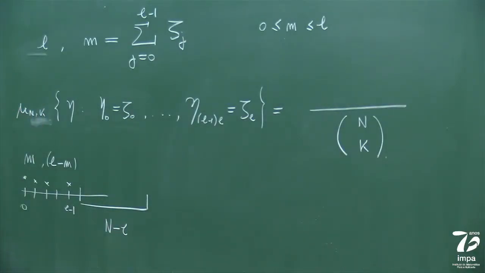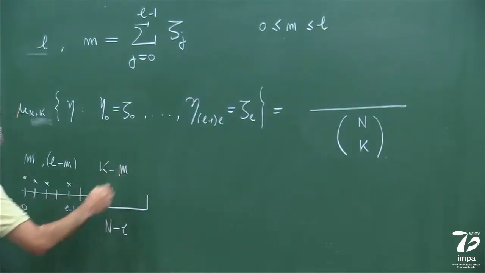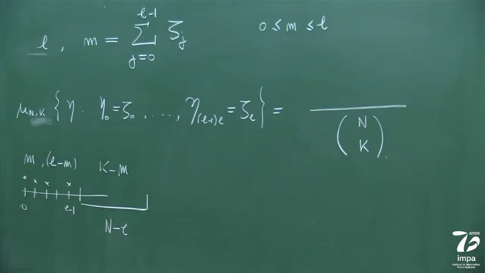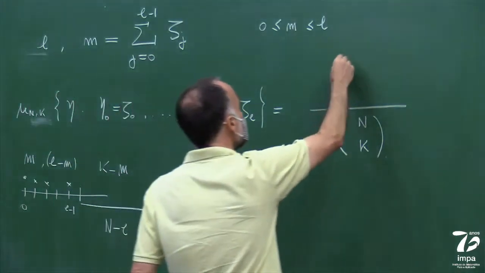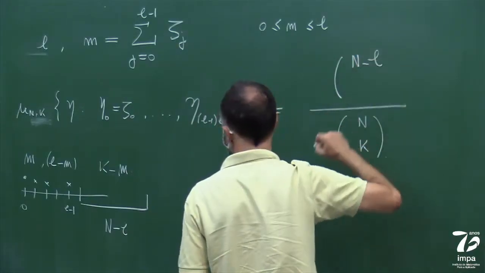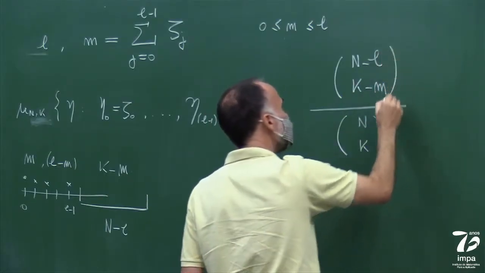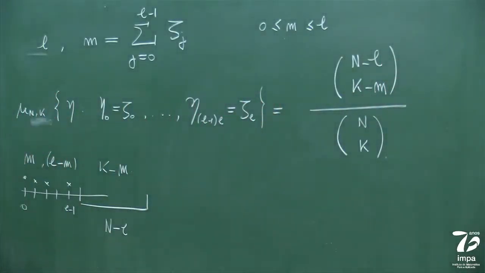And in these n minus L sites, I have to choose k minus M sites to put particles. So the total number of configurations which satisfy these conditions is n minus L choose k minus M. Fine?